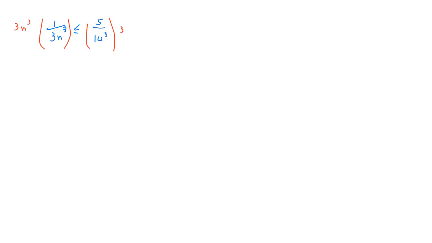Both sides of the inequality I multiply by 3n cubed. So then on the left side, I'm going to get 1. On the right side, I'm going to get 15n cubed over 10 cubed. And the inequality doesn't change.